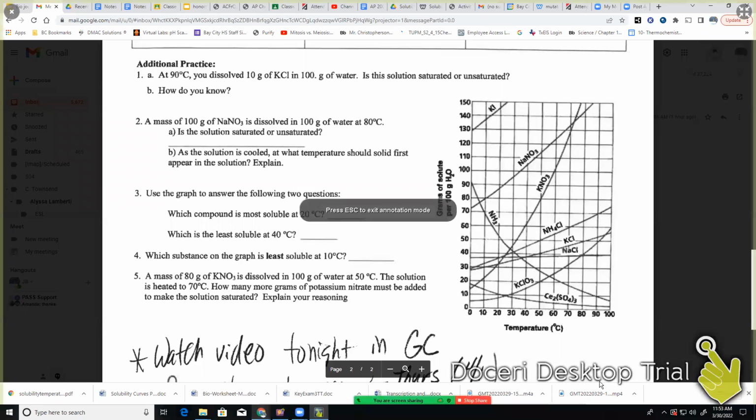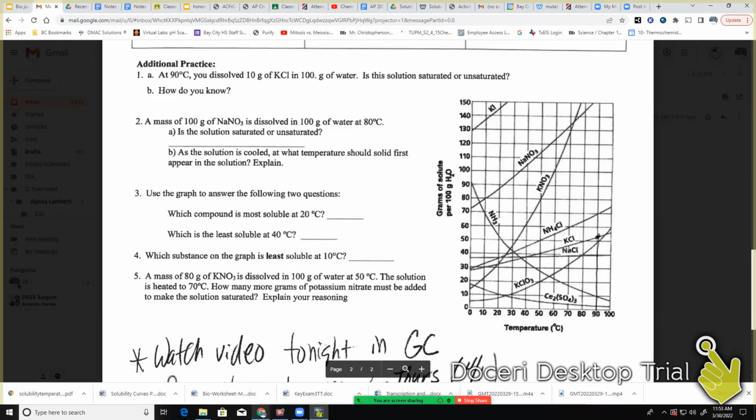Let's move on a little bit. Next one, it says at 90 degrees Celsius, you dissolve 10 grams of potassium chloride in 100 grams of water. And then we want to know if it's saturated or unsaturated again. So our temperature is 90, and I'm looking at KCl, which is right there.